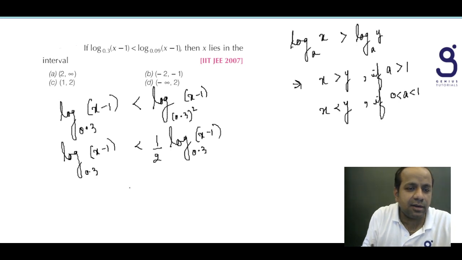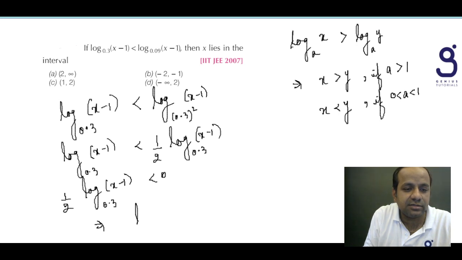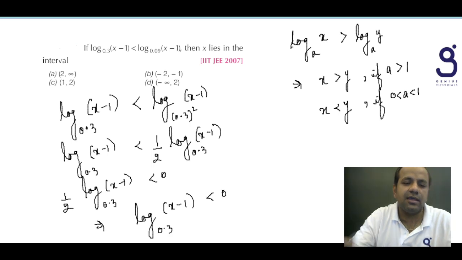You can bring this 1 by 2 log x minus 1 to the left hand side. We are left with 1 by 2 of log x minus 1 to the base 0.3, this is less than 0. That means log of x minus 1 to the base 0.3 is less than 0.